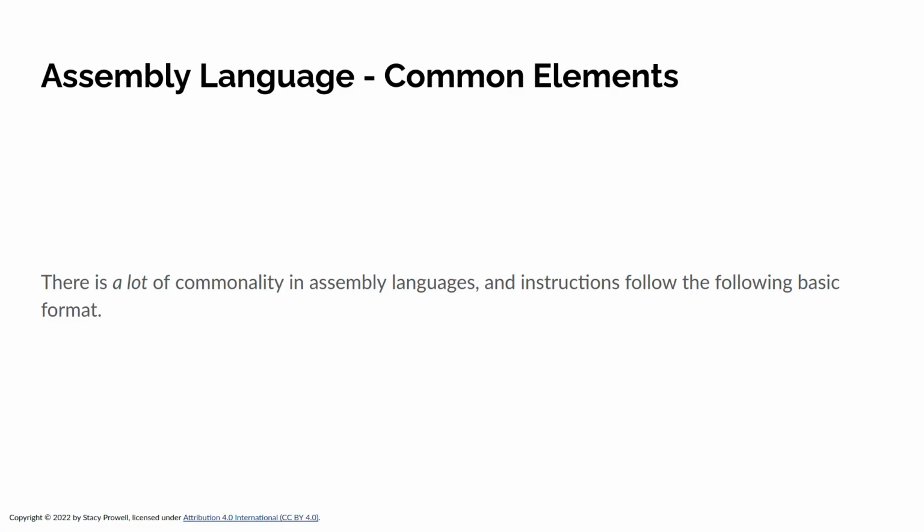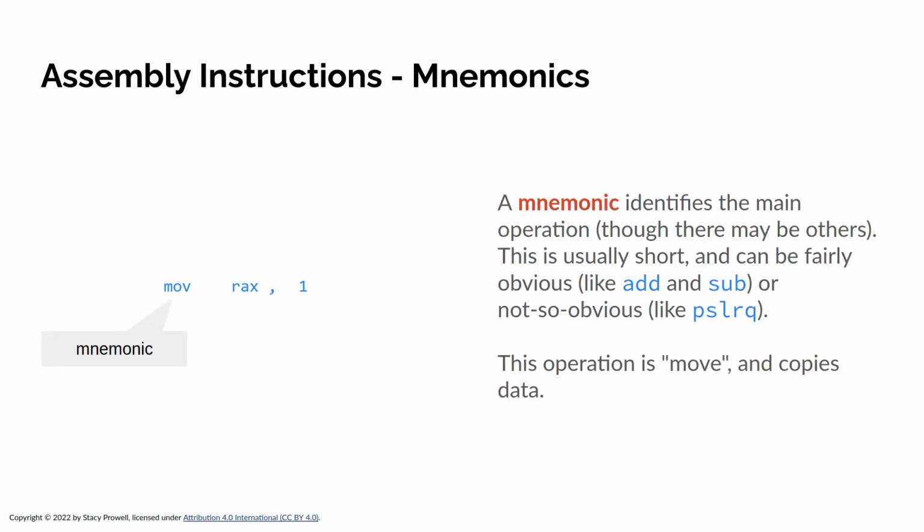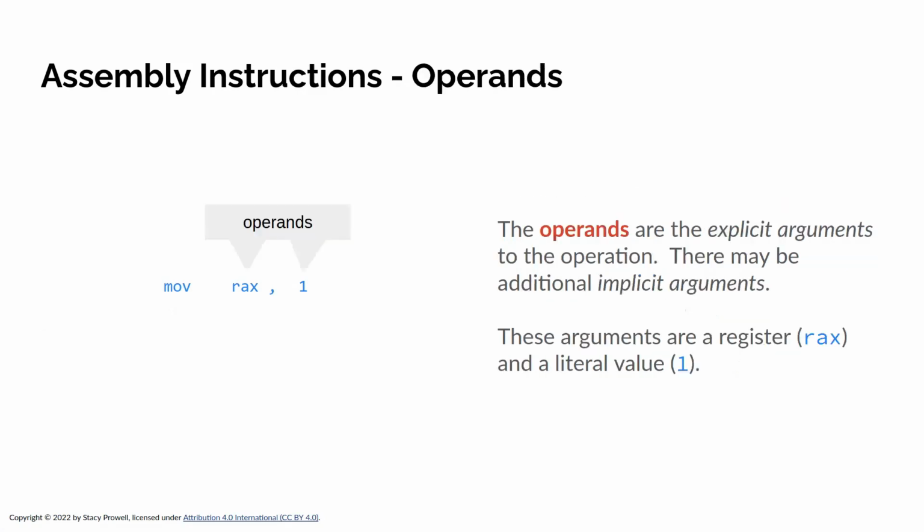A lot of common elements. Instructions follow a basic format. There's a mnemonic, which is a fun word, but many of these are easy to remember and fairly obvious. A lot of them, because there are just so many, become really obscure and you have to sort of look them up. There are operands.